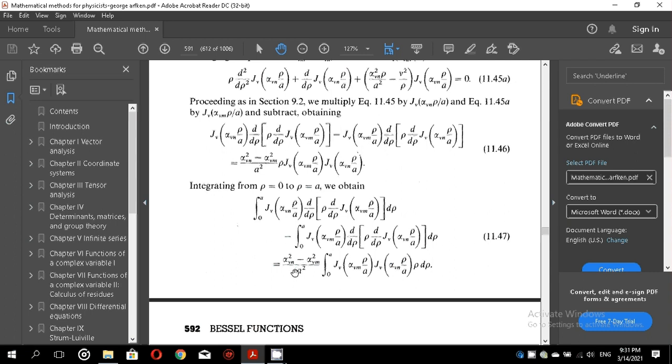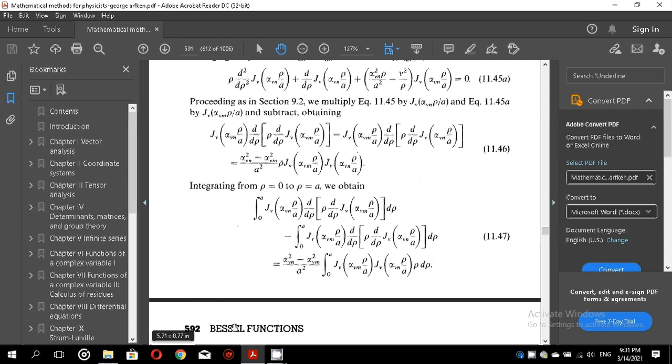I would suggest that you must consult the orthogonality property of Bessel's function from the book by Gupta. Let me give you the pages from Gupta, which will be helpful to prove the orthogonality property of the Bessel's function.